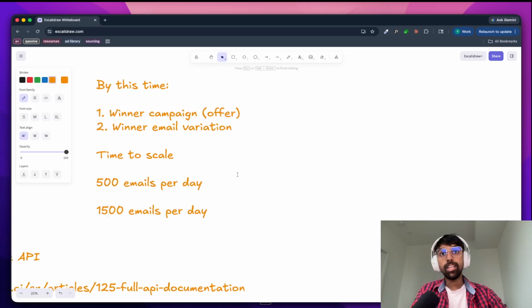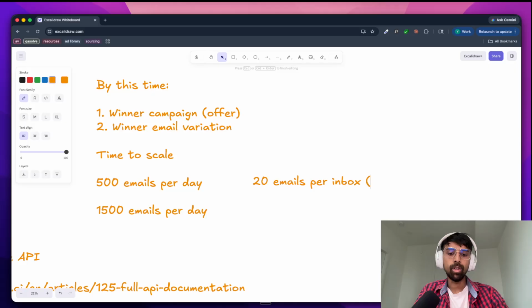And depending on what your infrastructure looked like when you were sending 500 emails per day, so let's say you had, if you're sending 20 emails per inbox, and this is both Google and Outlook, I don't differentiate between this, per inbox, then you'll need how many? You'll need 25 inboxes, right?